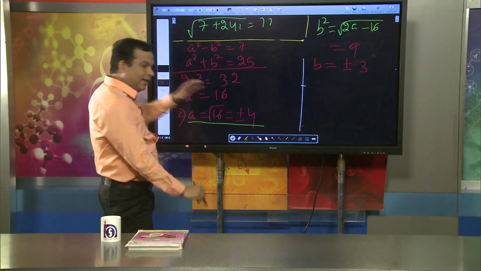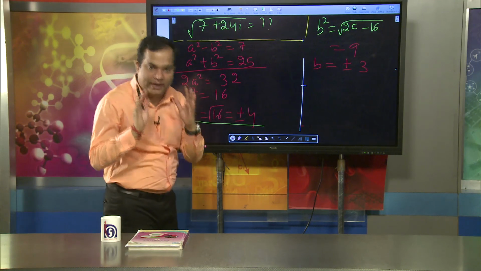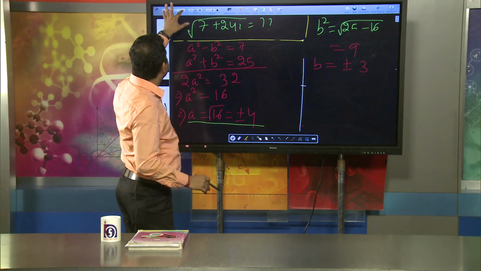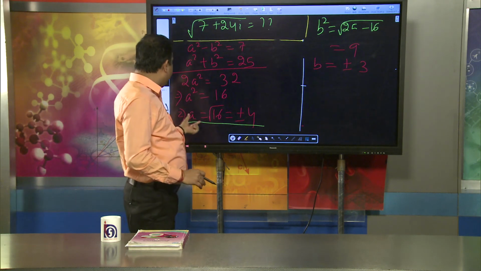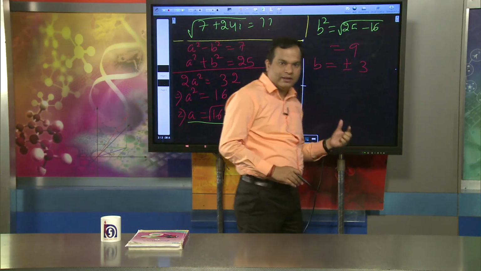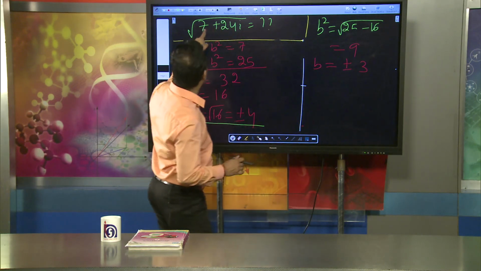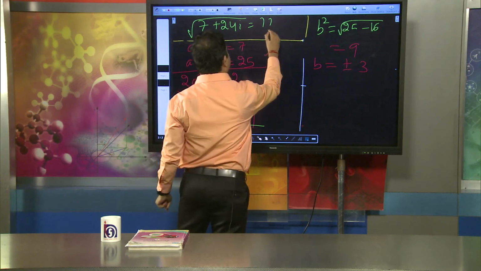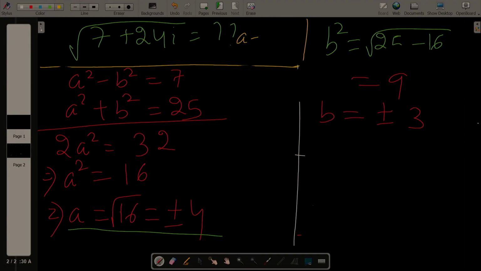The target is to find the value of a and the value of b. The two things we have found out: the value of a equals plus minus 4 and b equals plus minus 3. Now, for the square root of 7 plus 24i, we have taken it as a plus bi.